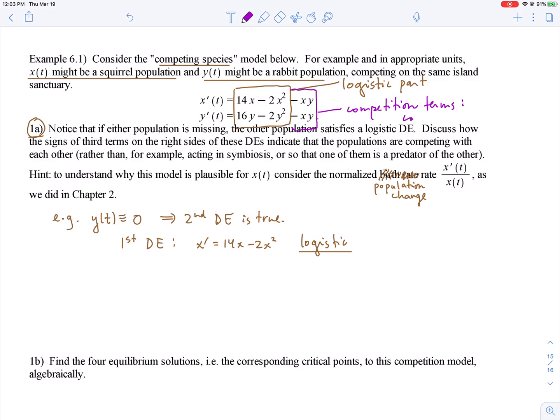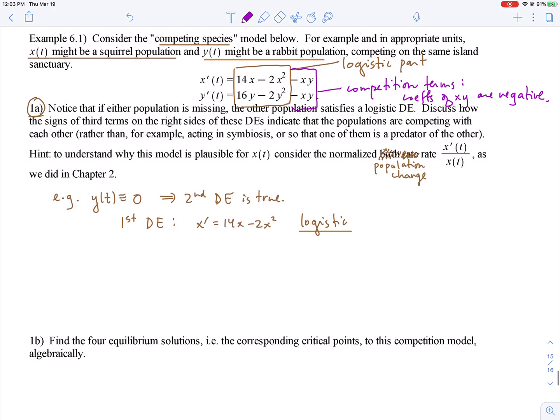So the coefficients of xy are negative. And we can understand why this model is reasonable if we go back to our reasoning in chapter 2 that led to the logistic equation.